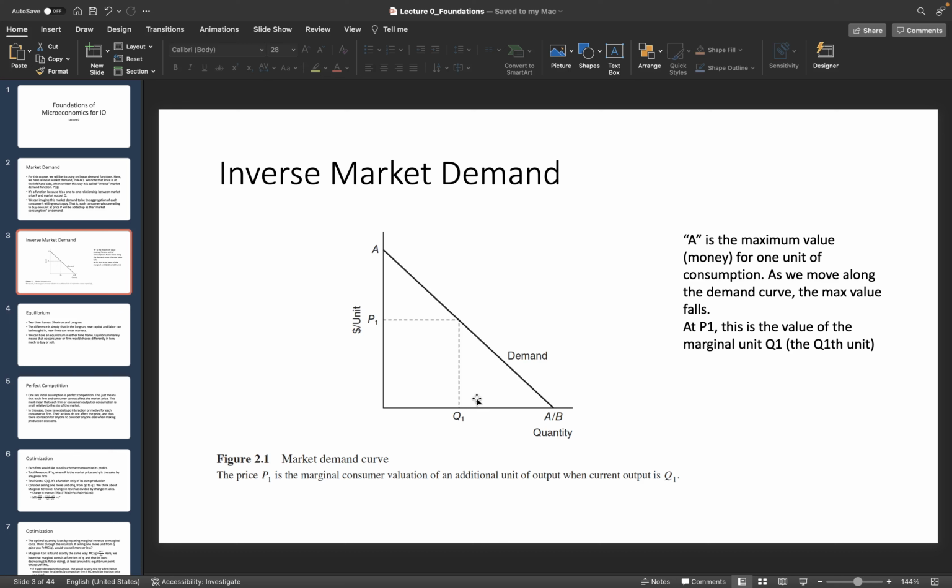If you want to move a little beyond Q1, you have to set the price a little bit below P1 to attract the willingness to pay of the people on the right-hand side of the curve here.